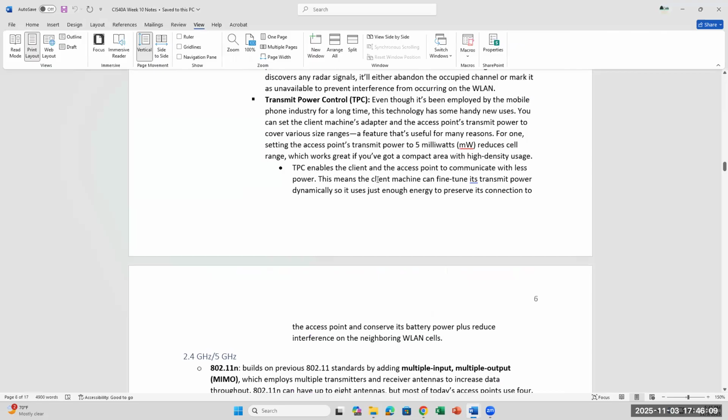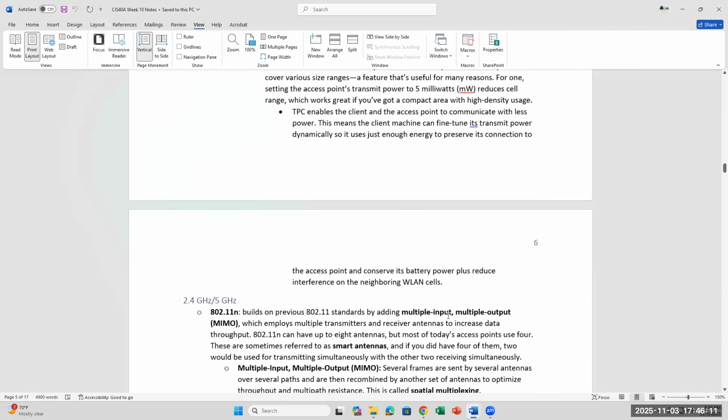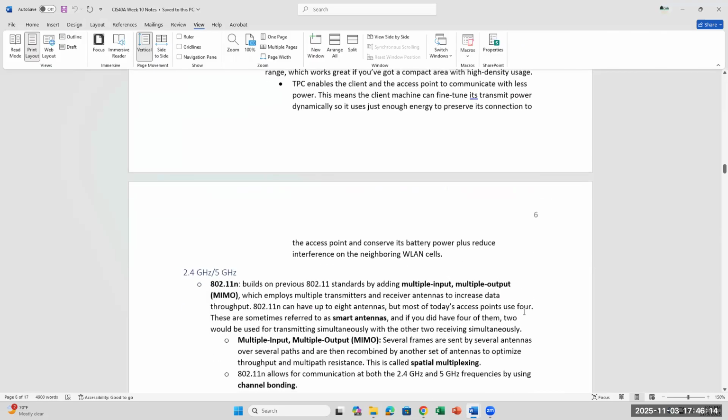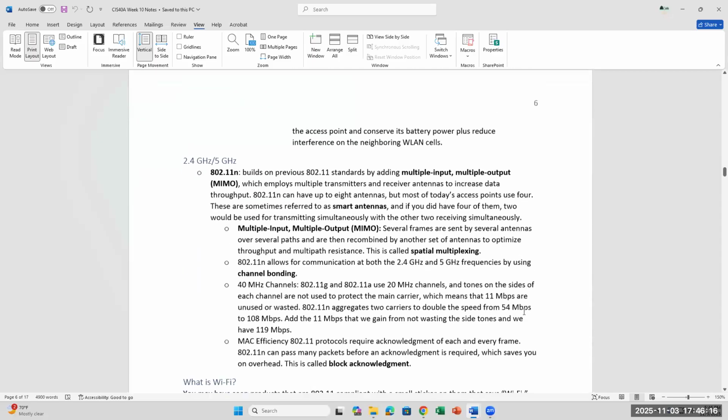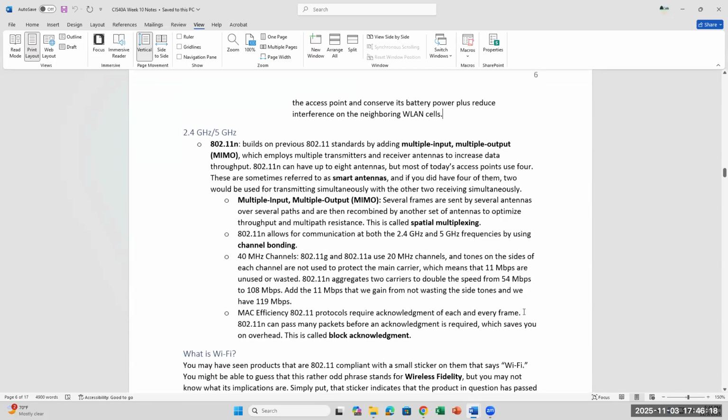Okay, so where can I find this information? At the bottom of page 5, going to the top of page 6. And then in the later technology with the standard 802.11n and also AC, you see that they added MIMO. You need to know MIMO for the exam, maybe certification also.